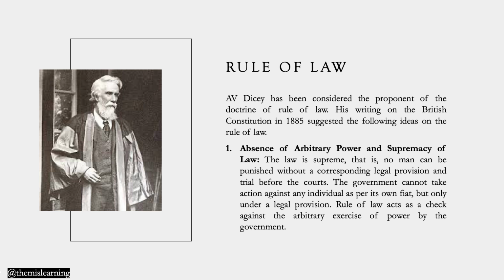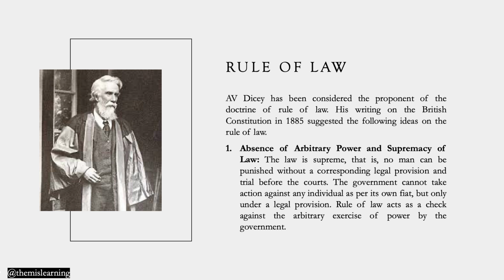The next important distinctive feature of the Indian Constitution is the rule of law. A.V. Dicey has been considered the proponent of the doctrine of the rule of law. His writing on the British Constitution in 1885 suggested the following ideas on the rule of law. First, he talks about absence of arbitrary power and supremacy of law.